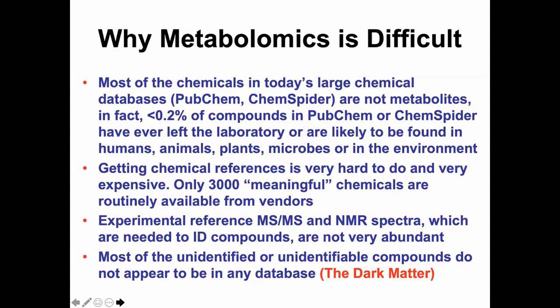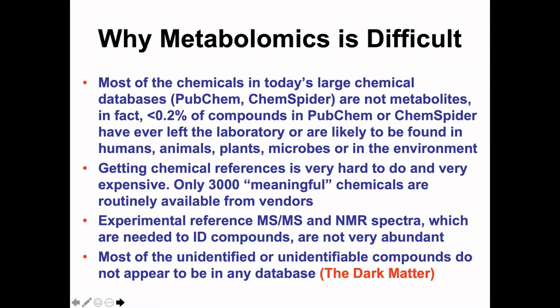We've done some analyses, and of the compounds in these databases, less than 0.2% of them have ever left the lab. So if they've never left the lab, they're not going to be found in you or an animal or a rat or a microbe or in the soil or in the environment. That means you can have up to a 99.8% false positive rate if you're trying to identify by mass matching to just a simple chemical database.